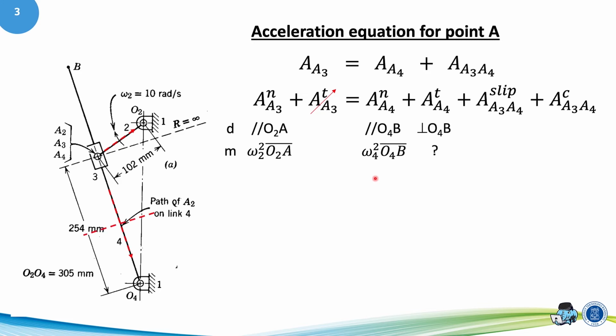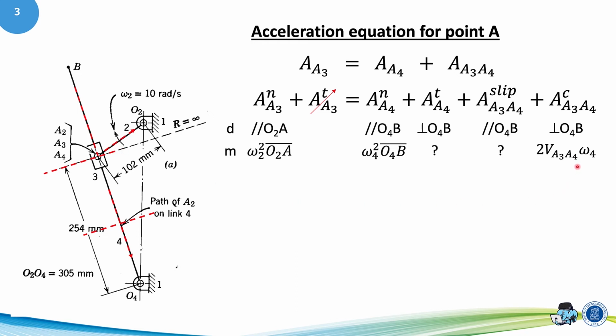About the tangential, we do not know the magnitude, but the direction is perpendicular to O4B, just like in this line. And AA3A4 slip, the direction is parallel to O4B. And for the Coriolis, the direction is perpendicular to O4B, and the magnitude is 2 times VA3A4 times omega 4.